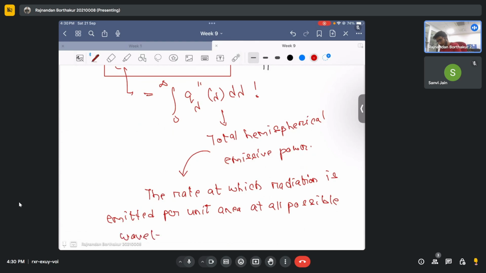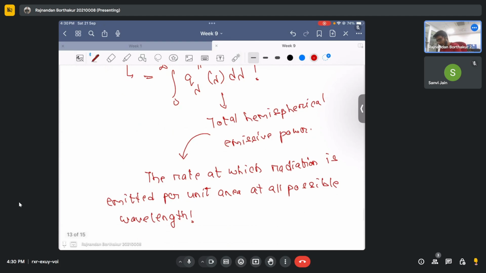This is precisely the definition of hemispherical emissive power. But remember, this is true for a diffuse body only, which means your properties are independent of the directions.